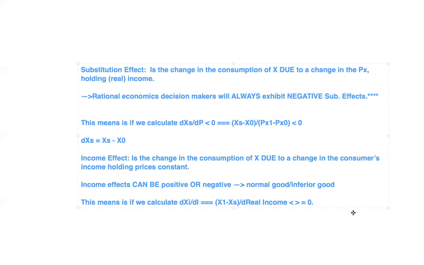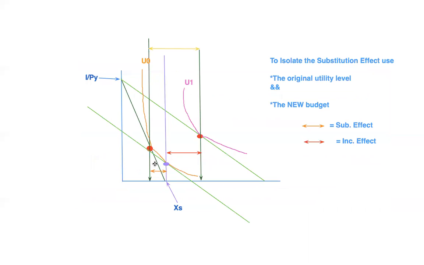So this is right, but I'm trying to explain this part of the statement right here, that these 2 points are holding real income constant, and the ones between the purple and the second indifference curve, that's letting your income expand, holding prices constant.